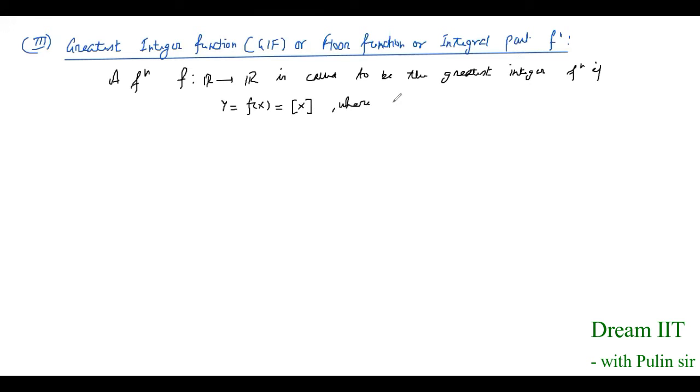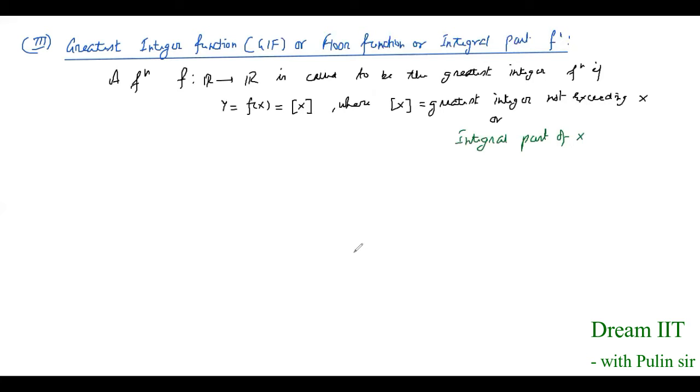This box means what? It is the greatest integer not exceeding x, or in a particular moment we can write that it is the integral part of x, integral part of x. So this much we can write, right?